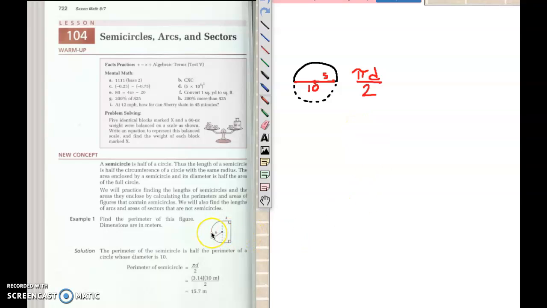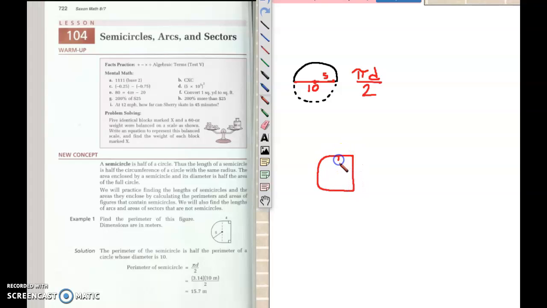So let's look at example 1 down here. It says find the perimeter of this figure. Dimensions are in meters. The first thing we have to remember is that we're trying to find the measurement around this unique shape, which is half of a semicircle attached to a rectangle. So I'm going to try and draw it here.